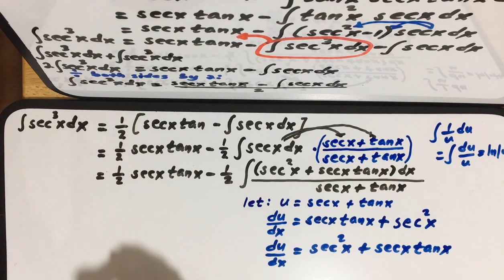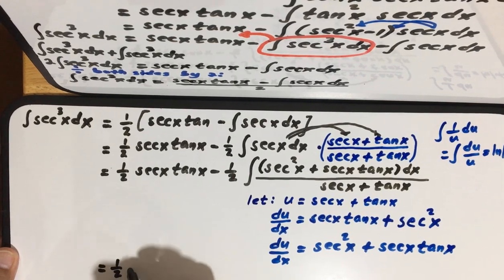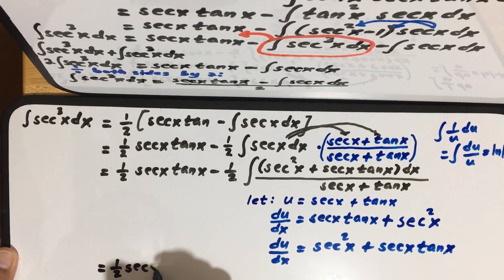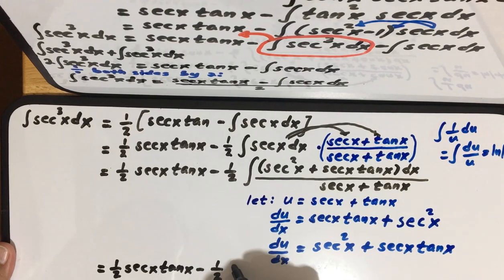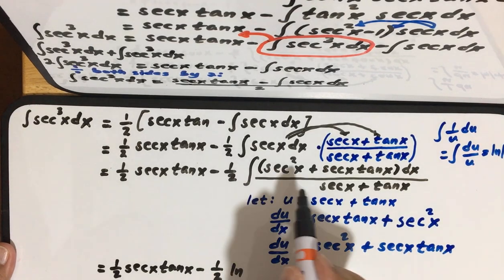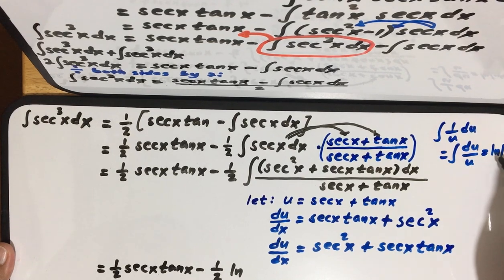Writing it, we have 1/2 secant x times tangent x, then minus 1/2. This is in the form of du over u, which is equal to ln u plus c.